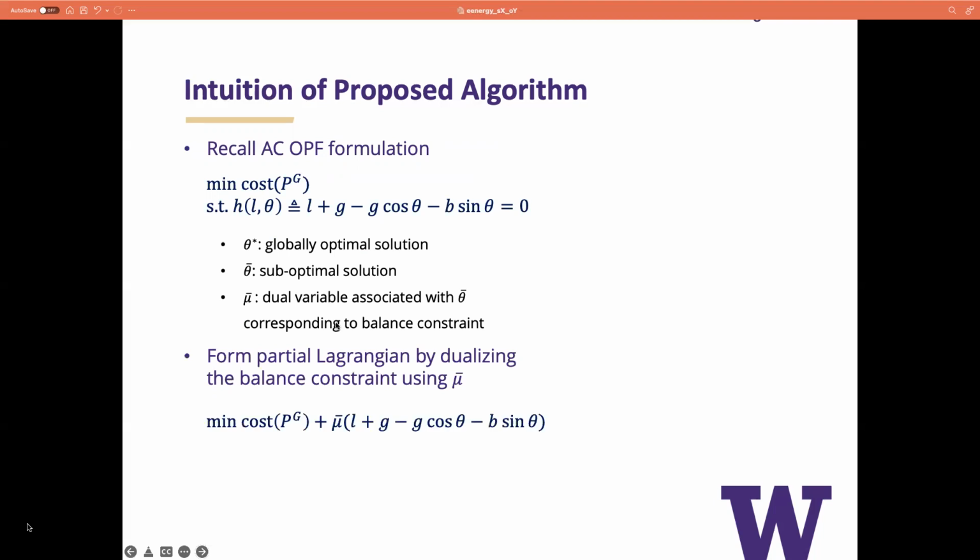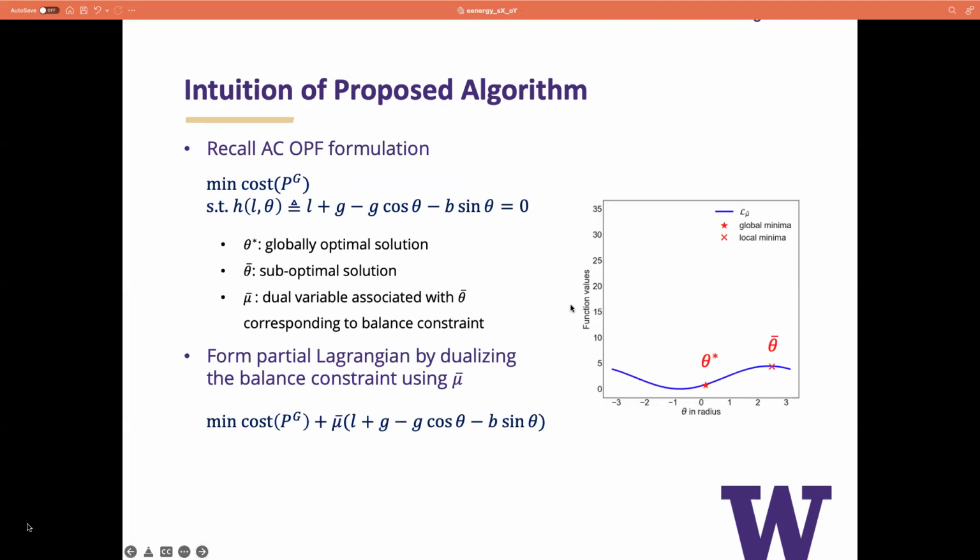This is an unconstrained problem, so similarly we can plot its function values. The blue line is the function value of this partial Lagrangian. At the local solution of ACOPF, theta bar, we can see the partial Lagrangian has a maximum instead of a minimum.